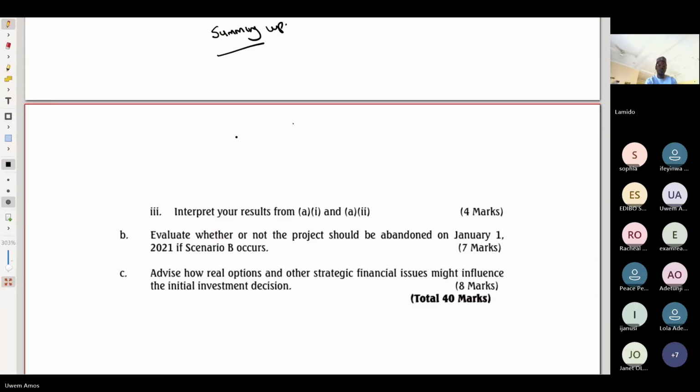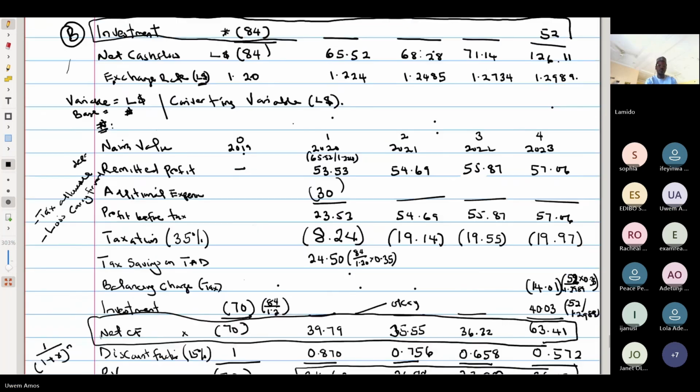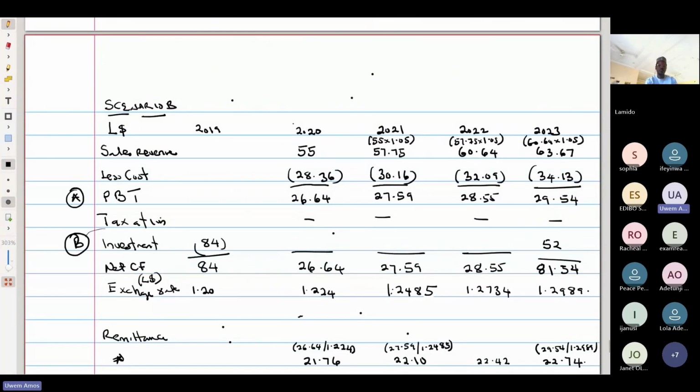So scenario B is saying, should we abandon the project on January 1, 2021, based on scenario B? So guys, this is our scenario B computation.